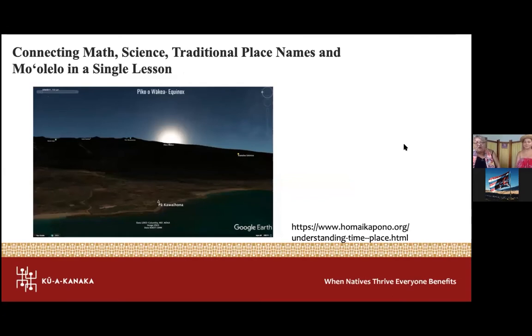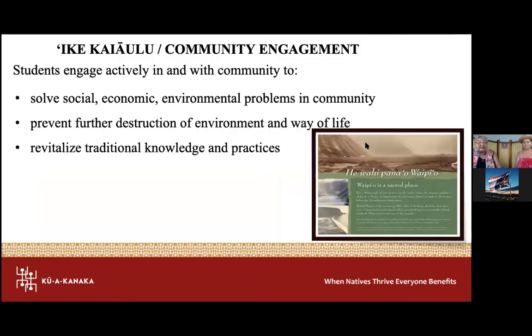We have so many lessons out there that connect place. Here's a wonderful resource that connects math, science, traditional place names, and mo'olelo in a single lesson. And it's from the area in Nanakuli. And again, these are all online, and you can see how to adapt that to your place and your reality.